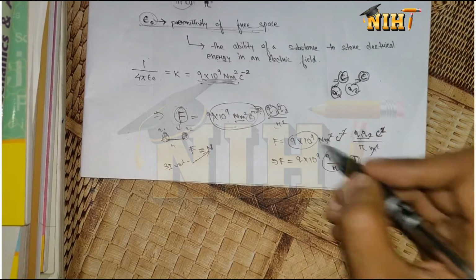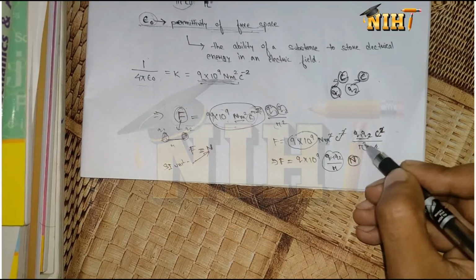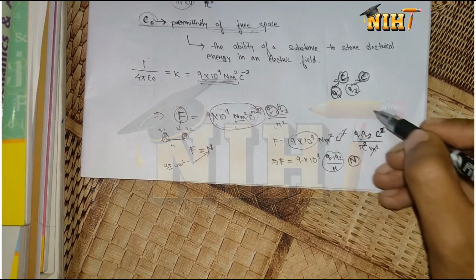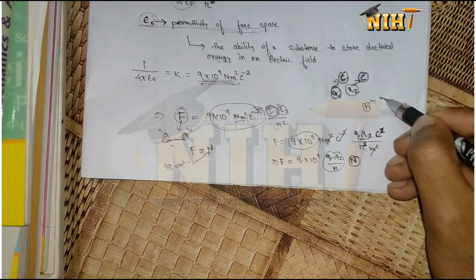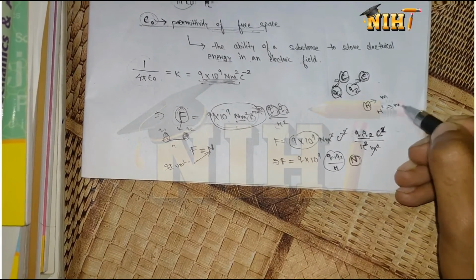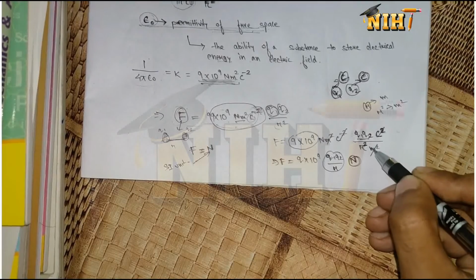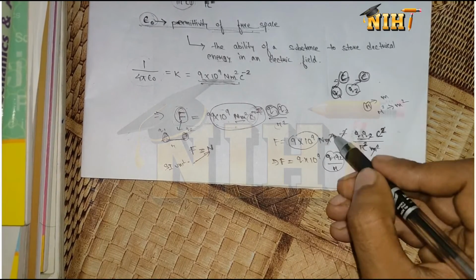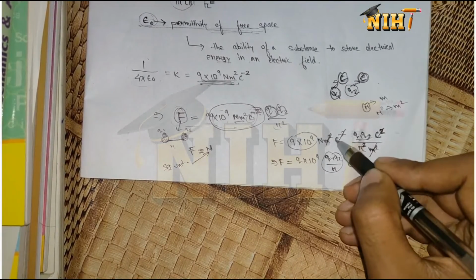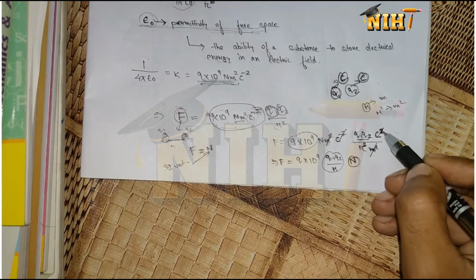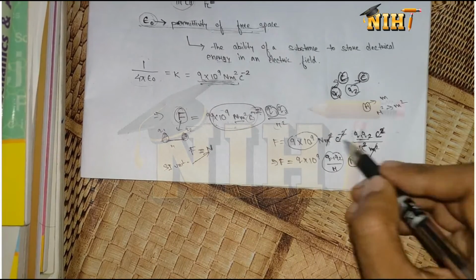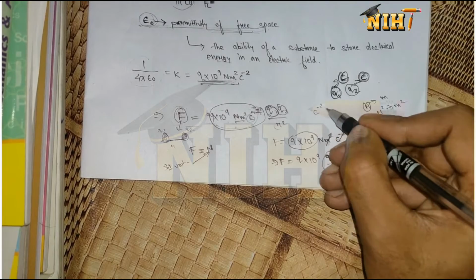And then below we have R squared, and for R the SI unit we know is meter, so for R squared we will have meter squared. So this meter squared and this meter squared cancel out, and C to the power minus 2 and C squared cancel out. You do know how to cancel out, right? What does C to the power minus 2 actually mean?